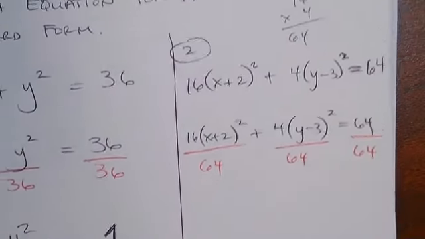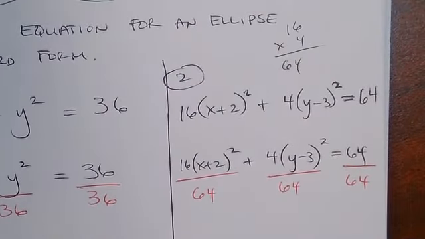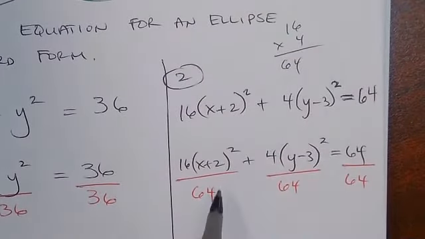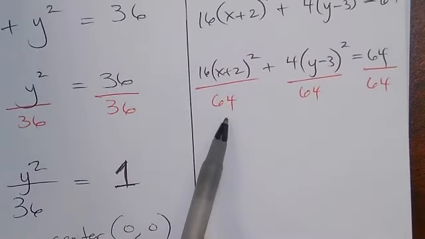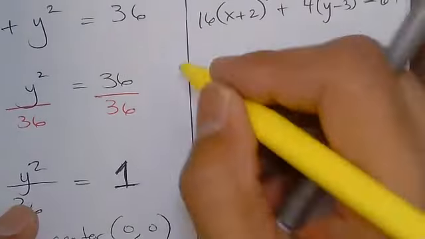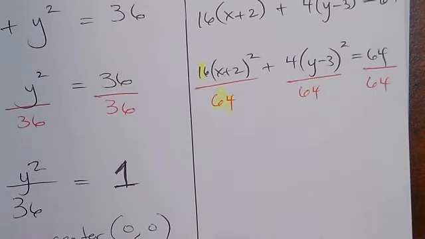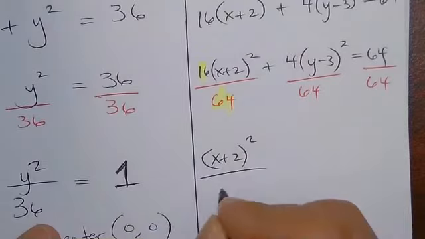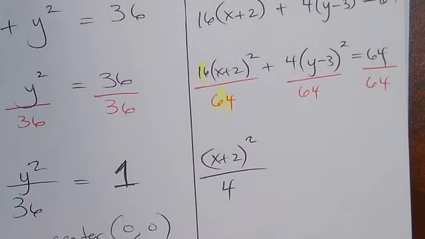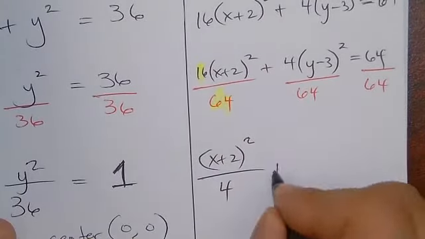64, right? So if it's true that 16 times 4 is 64, then you'll know how these reduce. If this is a 16 and this is a 64, because they're going to reduce, what's left over in the bottom? That would be x plus 2 squared over 4.